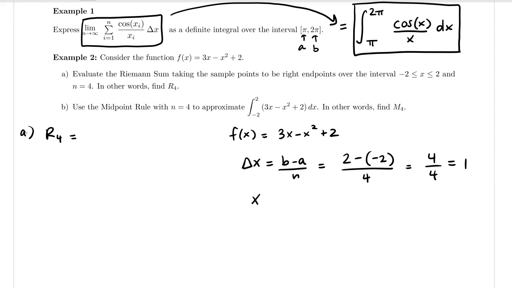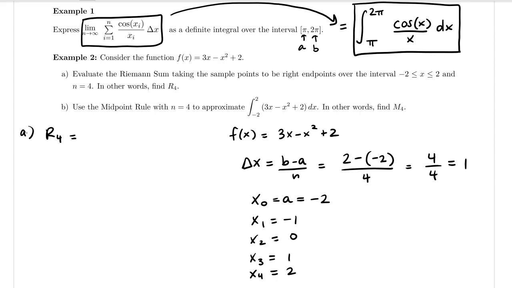So x sub 0, or a, is equal to our left endpoint, which is -2, and then our next x value is going to be 1 more than that, since our width, or delta x, is equal to 1. So we have -1, x sub 2 is equal to 0, x sub 3 is equal to 1, and then x sub 4 is equal to 2. So those are all of the x values that are going to help us break up our interval.